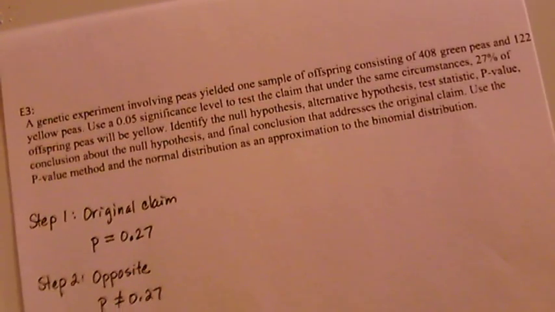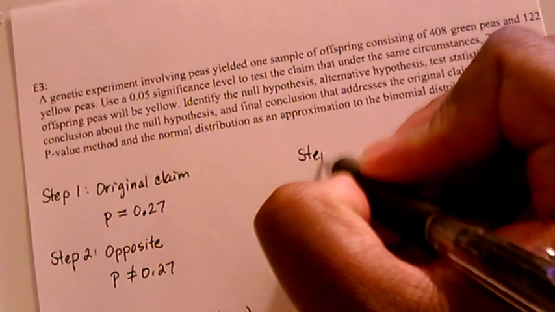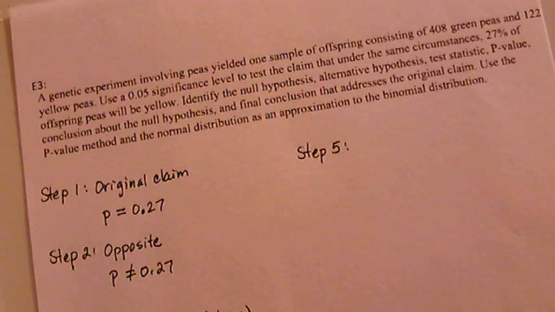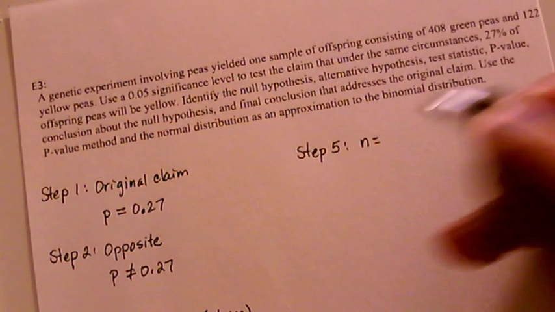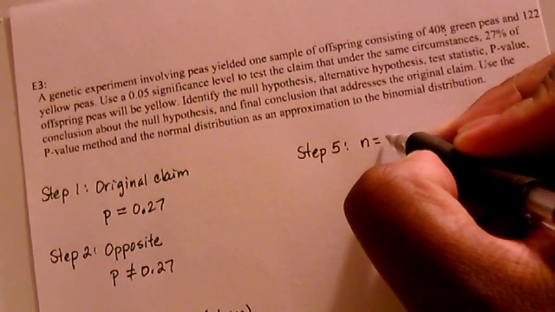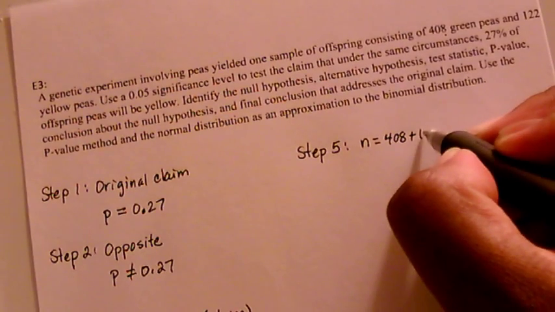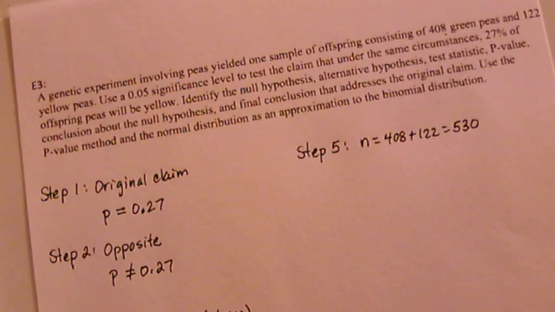Okay. Now step number 5 is calculating the test statistic. Okay, so let's gather our sample data here. Your N is going to be this. You got 408 green peas and 122 yellow peas. So if you add 408 to 122, your sample size N is 530.